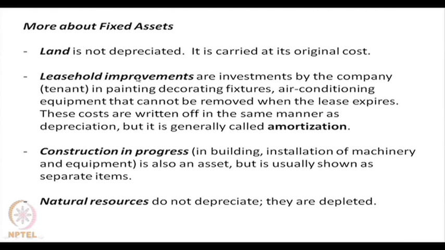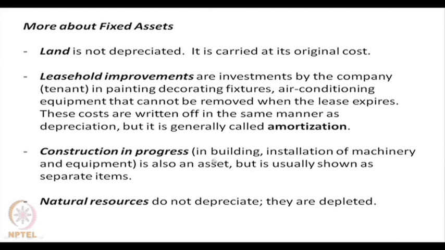So, they are taken as fixed assets, and like machinery, they are also depreciated over 5 years time, and this is generally called amortization instead of depreciation. And the amount they invest in making the building habitable or usable by them is called the leasehold improvements.